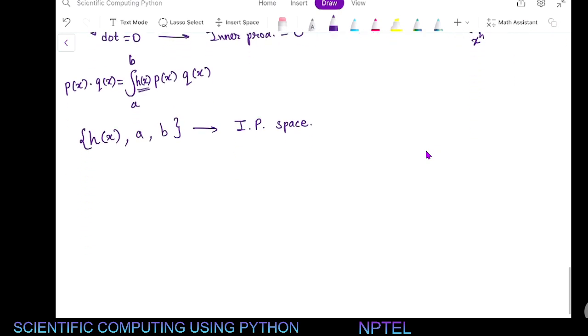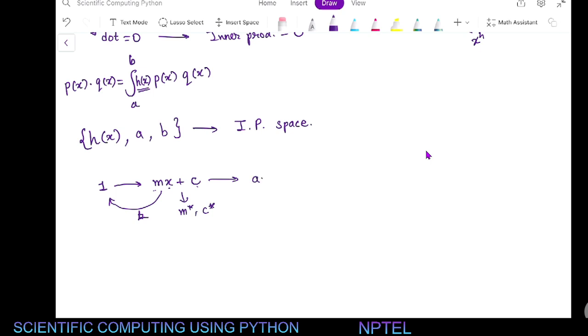So what we can do is start with 1 and then find a linear function which is perpendicular to this. This you can do because you have a definition of dot product. So you say that the inner product of mx plus c and 1 should be 0, and that will give you m star and c star. So now you have two vectors, both of them orthogonal.